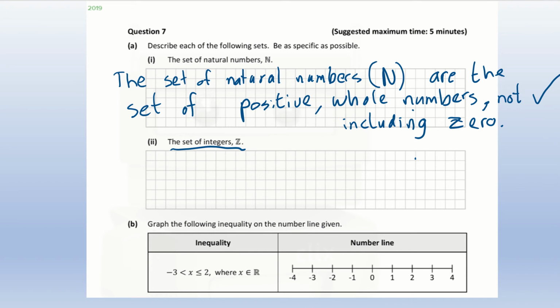I'm going to come at the second question here, A part II, in the exact same way.